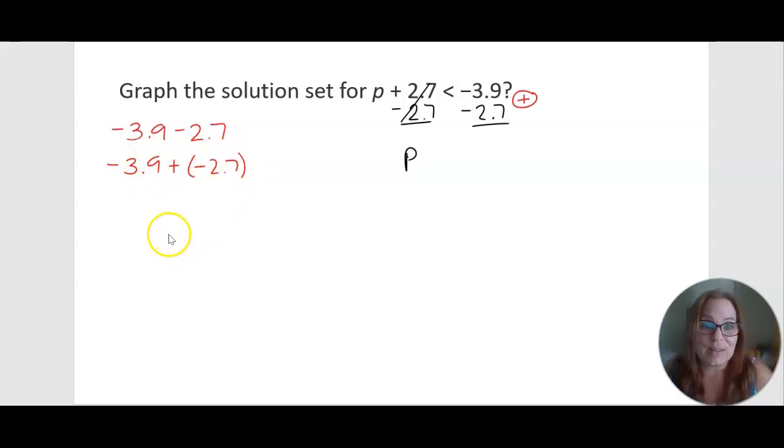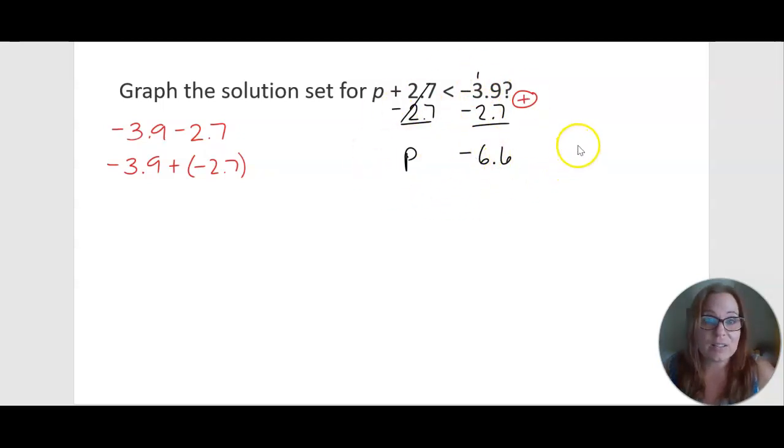Remember, they're the same thing. So when I have players on the negative team and I have more players that want to join the negative team, I'm just creating a larger negative team, right? So I am going to add these numbers and it's going to stay negative. So I get 16 and then 5, that's a 6, and it's going to be negative.